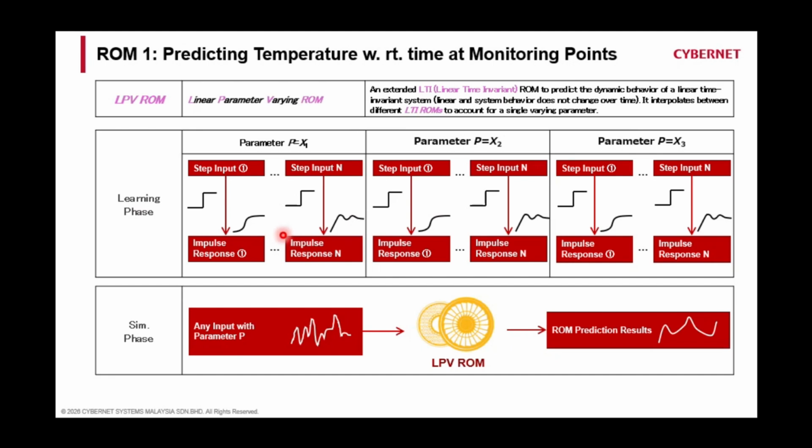There could be one rack which is off and another which is on, or various configurations. So you can simulate all those in the ROM. Essentially you gather all that training data and build the ROM, so it can give you the prediction result faster.